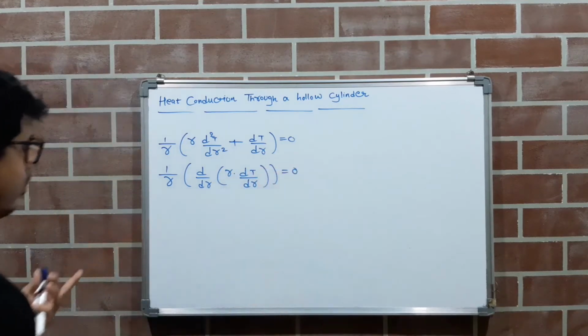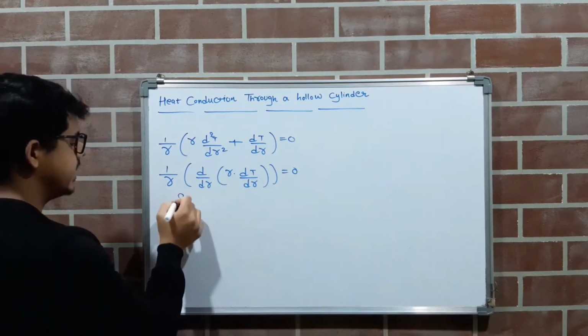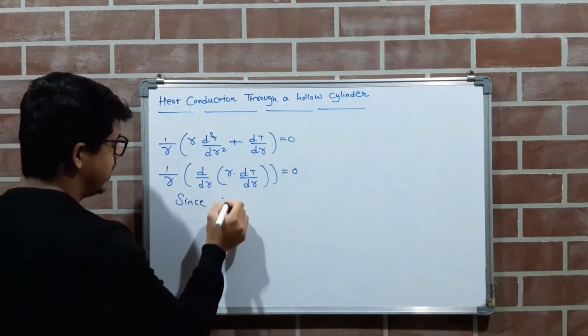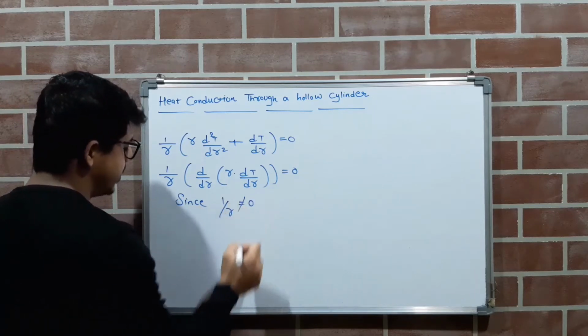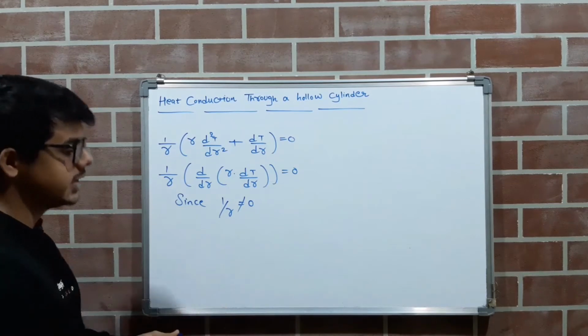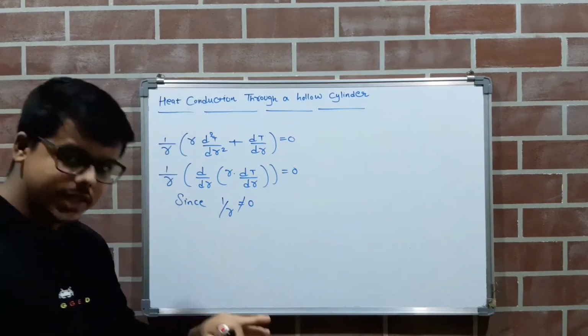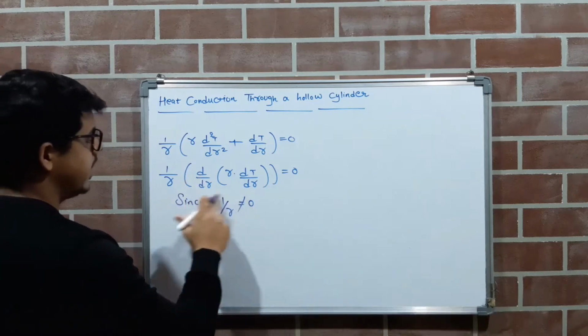Now we know that the radius can never be 0, so since 1 upon r is not equal to 0. Suppose the radius is 0, then there will be no cylinder. So the radius will not be 0, and the remaining term will be 0.